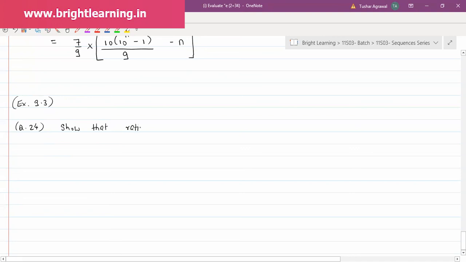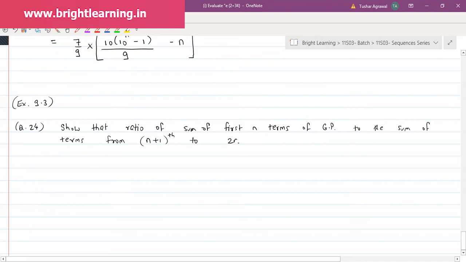Show that the ratio of the sum of the first n terms of a GP to the sum of the terms from (n plus 1)th to 2nth term is 1 upon r to the power n.